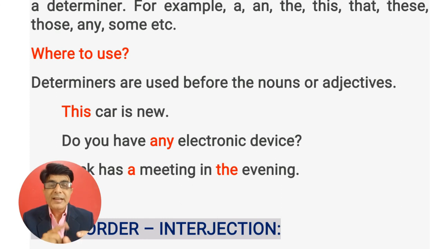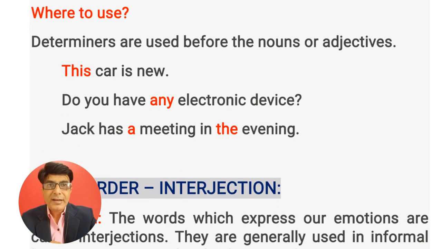In the second sentence, the determiner any is used before the adjective electronic. And in this third sentence, Jack has a meeting in the evening. Here there are two determiners used, a and the. The determiner a is used before the noun meeting, and the determiner the is used before the noun evening.